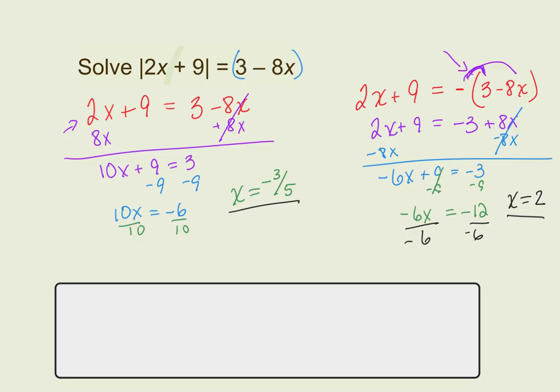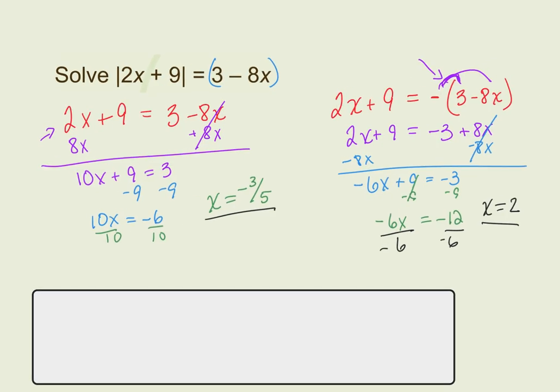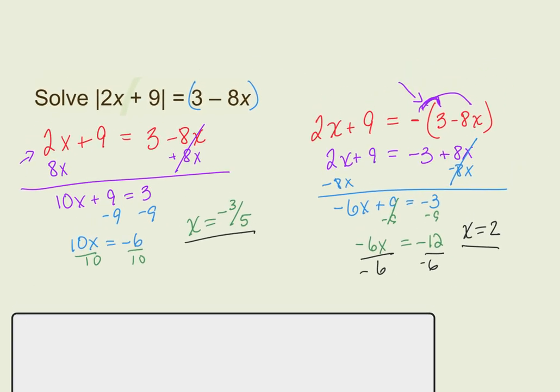So one of the things you want to make sure that you do, especially when you have an x that is hanging out over here and it is not inside the absolute value, is you want to make sure that you check your answers. It can be a bit tedious, but you want to make sure you do. So if I were to plug the negative 3/5 back in, 2 times negative 3/5, I'm going to add the 9.